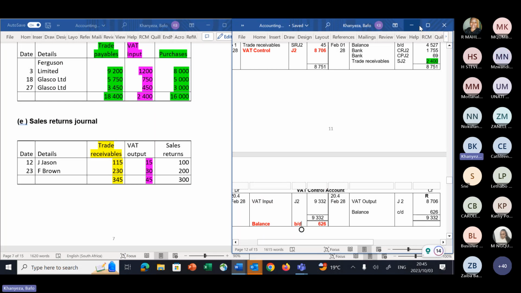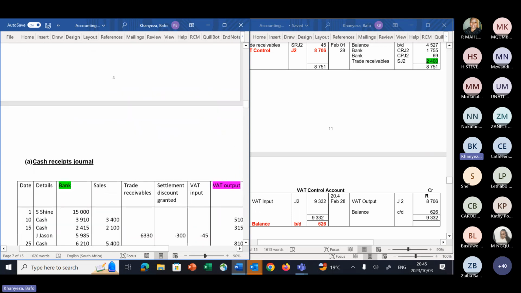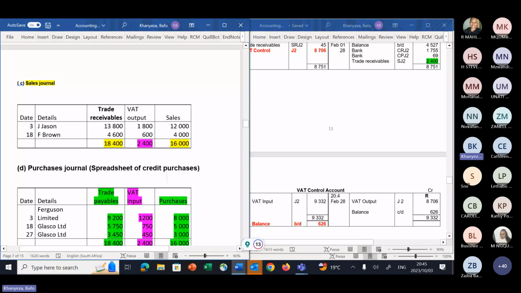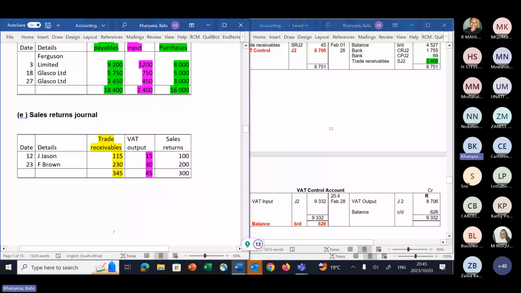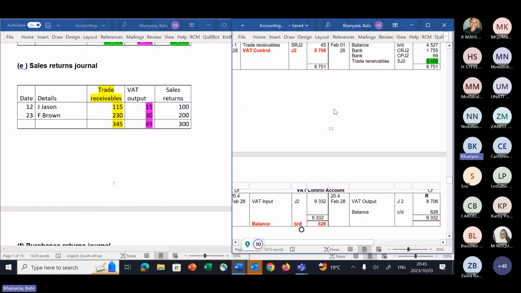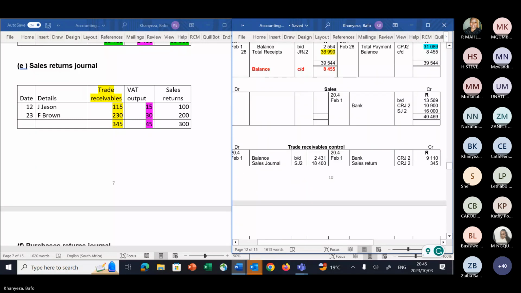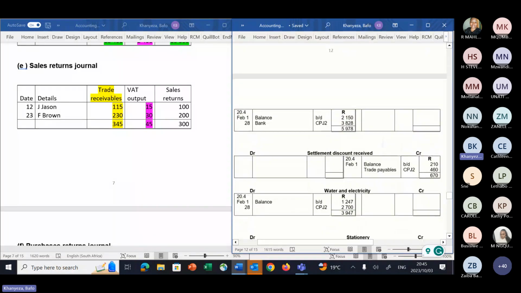We've taken care of everything, cash payment, cash. Yeah. Sales return. Let's debit or credit sales return. Where are sales? Oh, here is sales return.